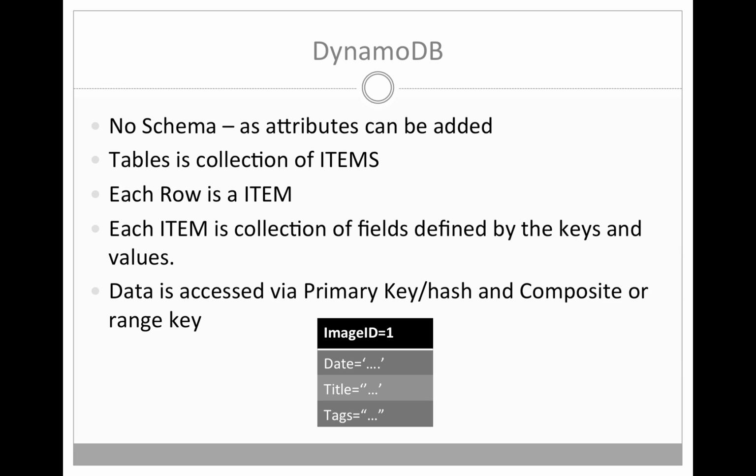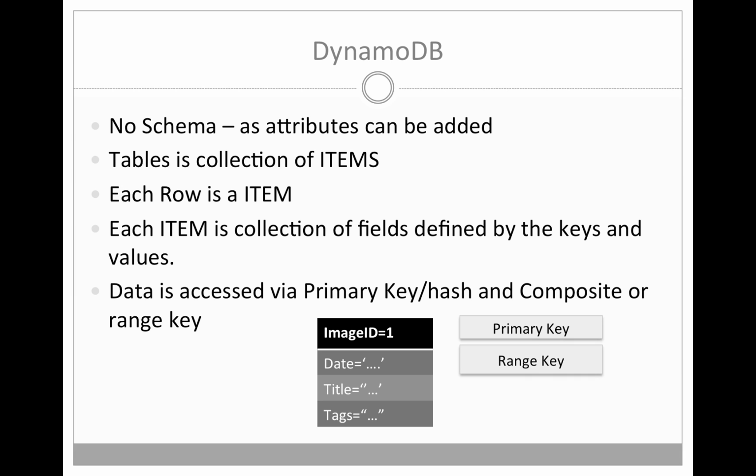Data can be accessed using primary keys or primary and range key called composite keys. Composite keys are the only attributes that are indexed, and that means you can run queries only on range keys. So in this example, I can run a query to get data for customer in a specified date range.